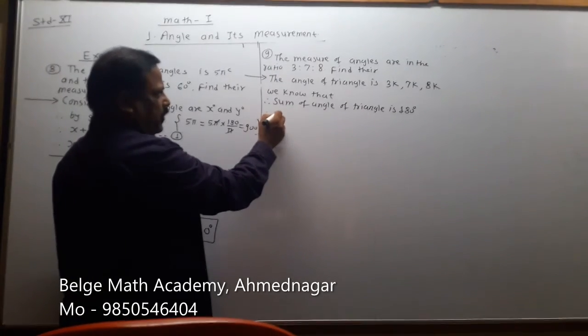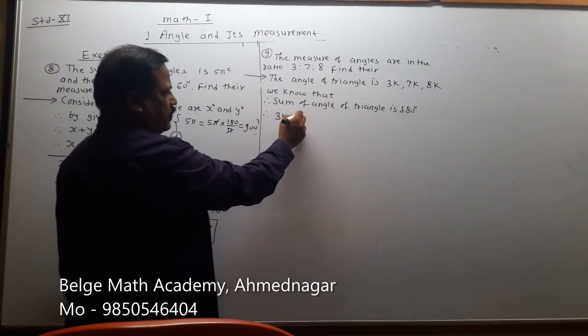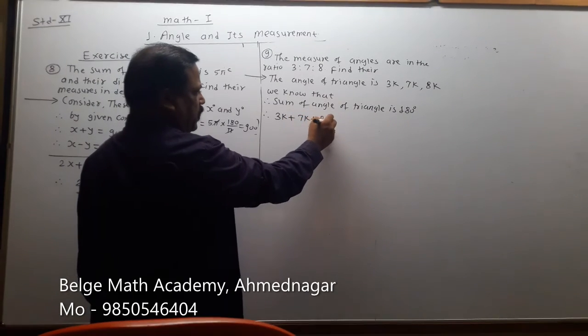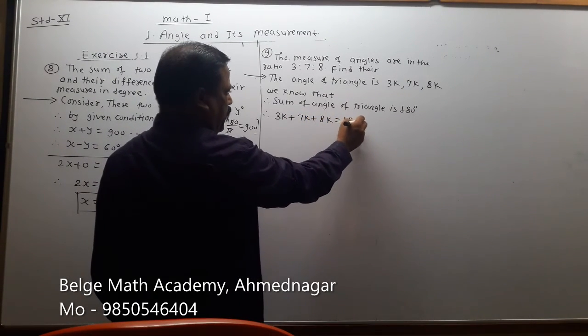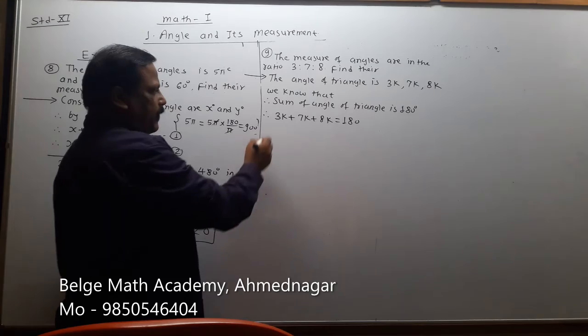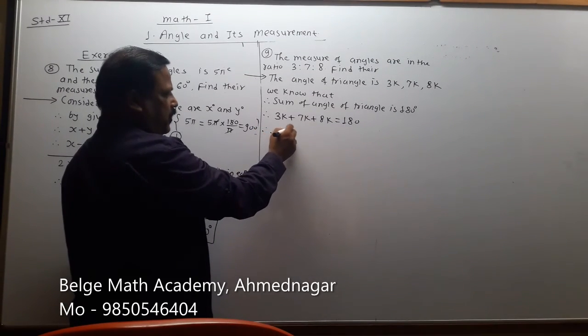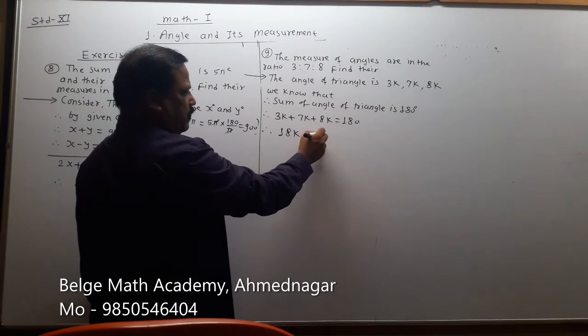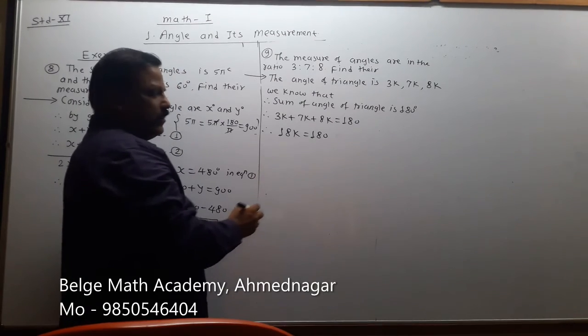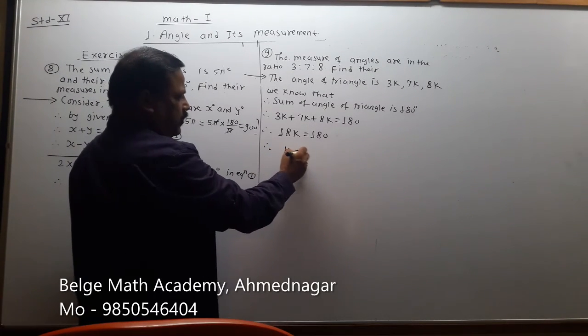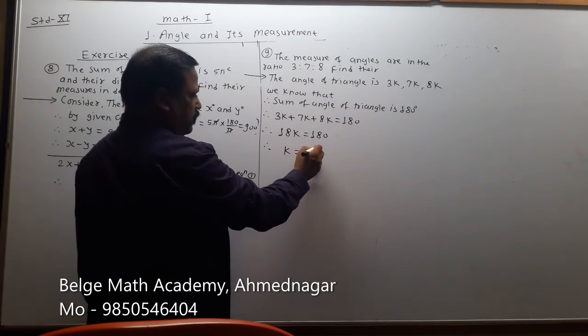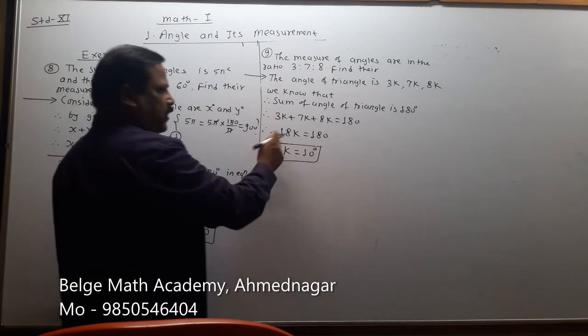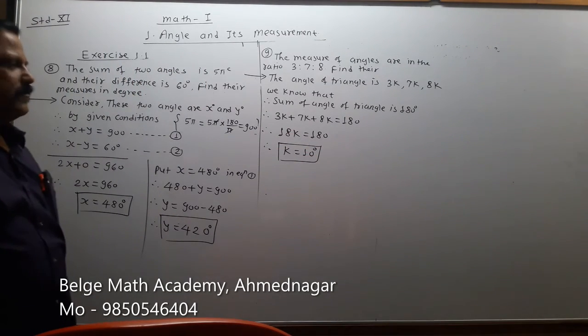So we can write 3k plus 7k plus 8k equal to 180 degree. This addition is 18k. Therefore k is equal to 10. 180 divided by 18, we get 10.